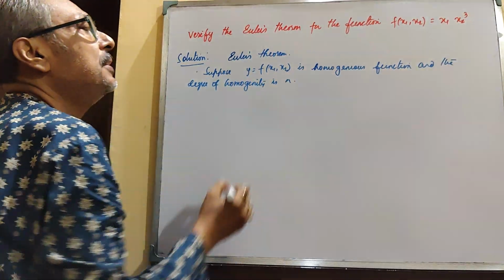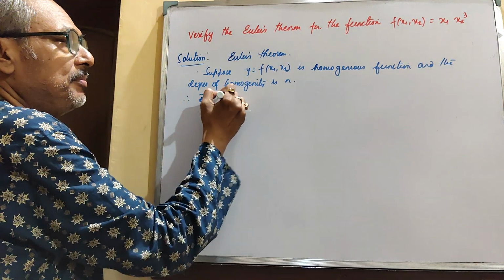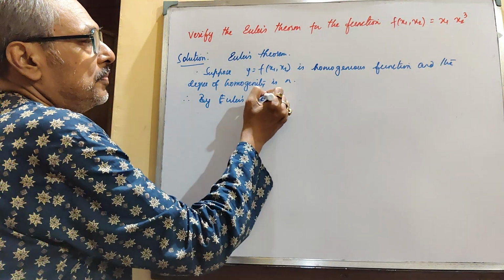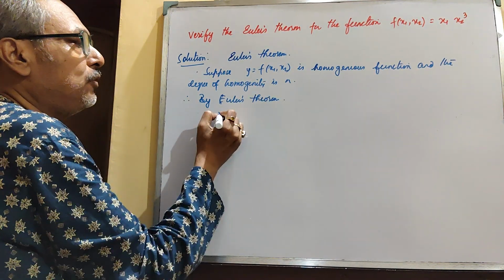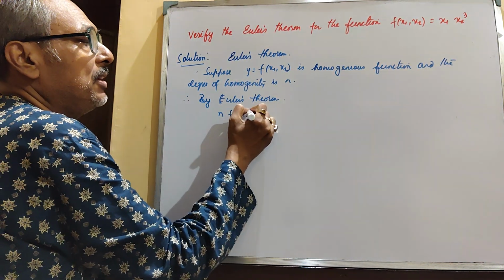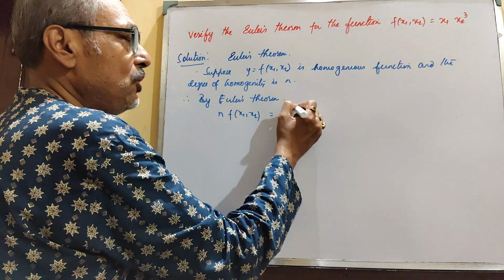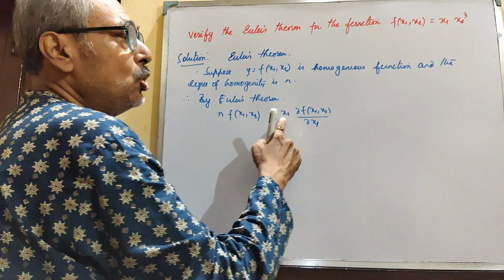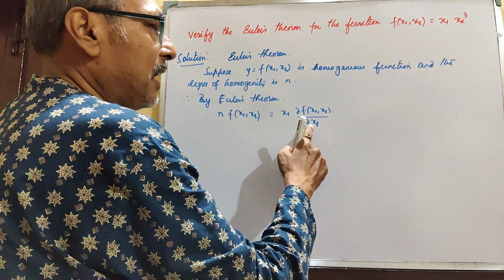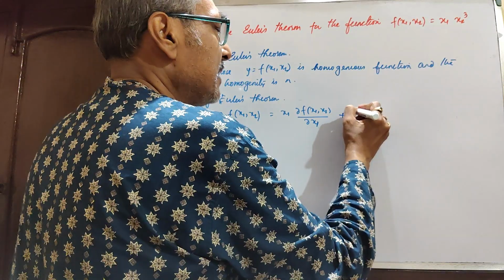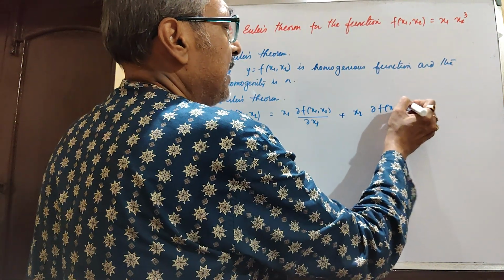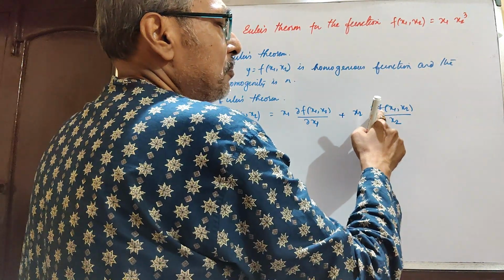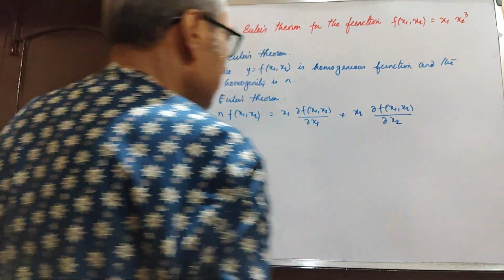Therefore, by Euler's theorem, n into f of x1 comma x2 equals x1 into del f of x1 comma x2 by del x1, that is x1 into the first order partial differentiation of the function with respect to x1, plus x2 into del f of x1 comma x2 by del x2, that is x2 into the first order partial differentiation of the function with respect to x2.